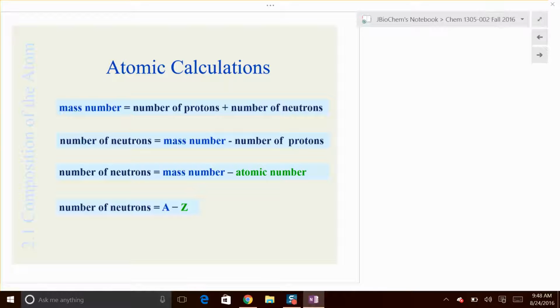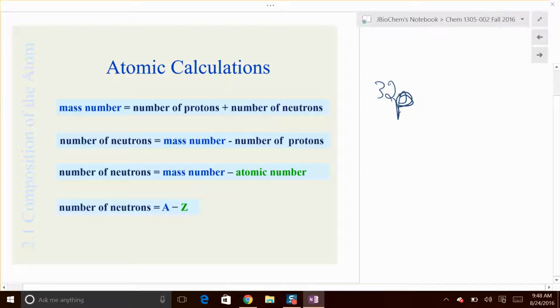So a lot of times you could potentially not even be given the atomic number, and they'll ask you the number of neutrons. All you have to do is look here. Okay? How many neutrons are in P32? This is phosphorus, 32.